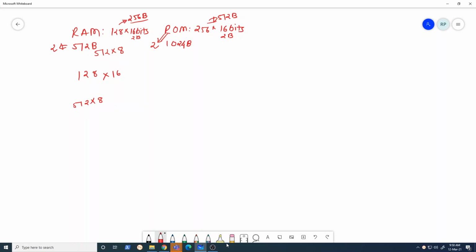But using one address, I can access 16 bits, that is 2 bytes. So I need to represent my requirement like this: 256 multiplied by 16. Then I can write: 128 multiplied by 16. This is your data bus.